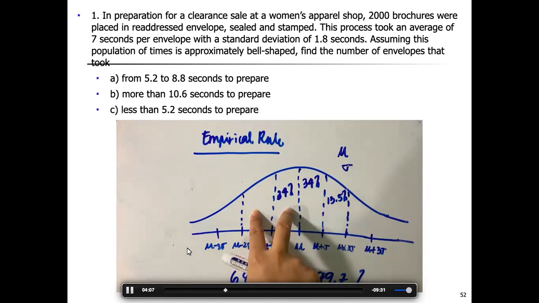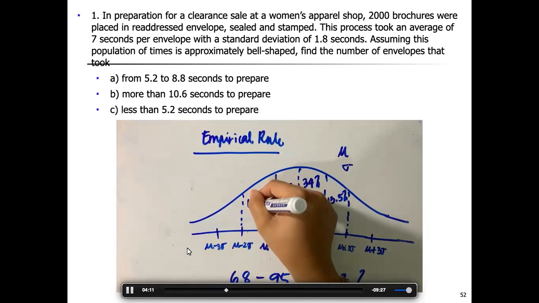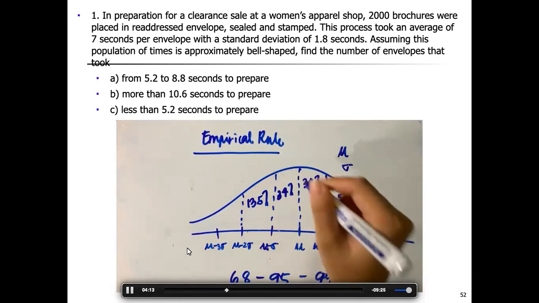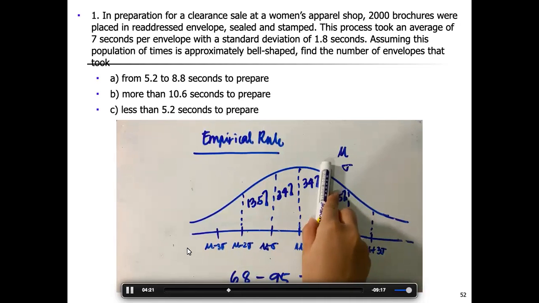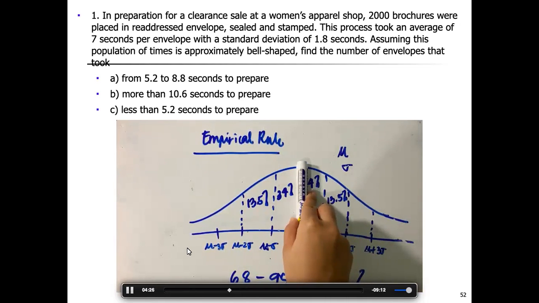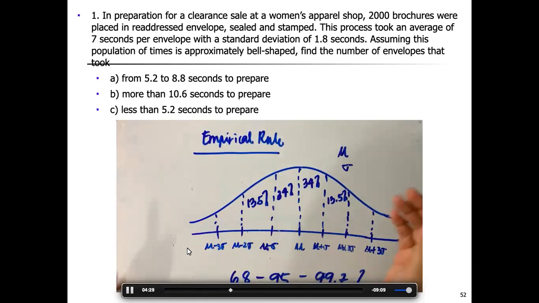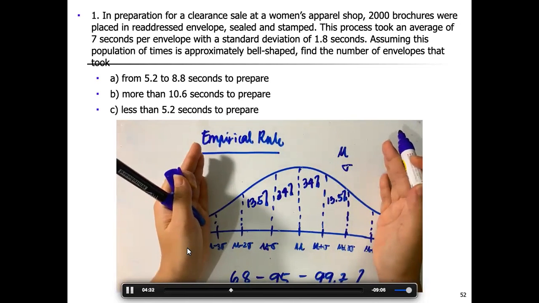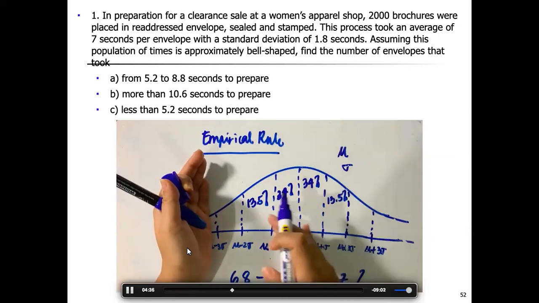The same is true with this other region: the total is 47.5, but you already have 34%, so this is equal to 13.5%. In the same manner, when we say 3 standard deviations above the mean, if this is your mean, 3 standard deviations above the mean and 3 standard deviations below the mean, approximately 99.7% of your distribution is found in this region.